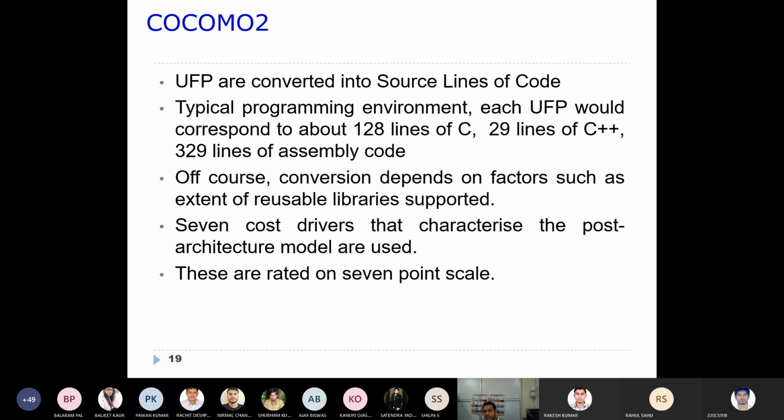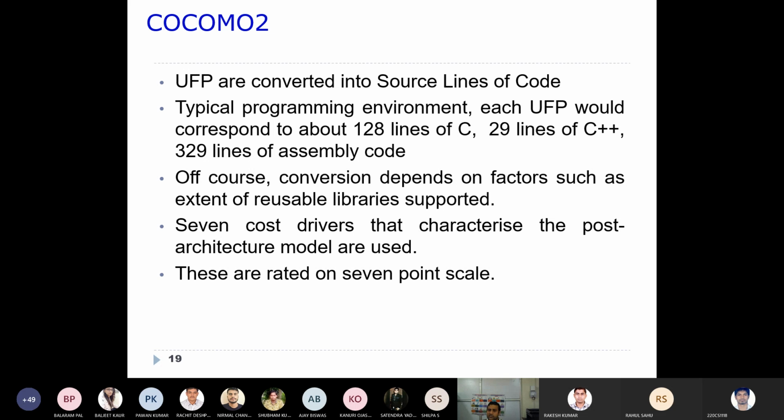We calculated the unadjusted function points during function oriented estimation, right? So each UFP point that you computed or estimated would correspond to about 128 lines of C code.